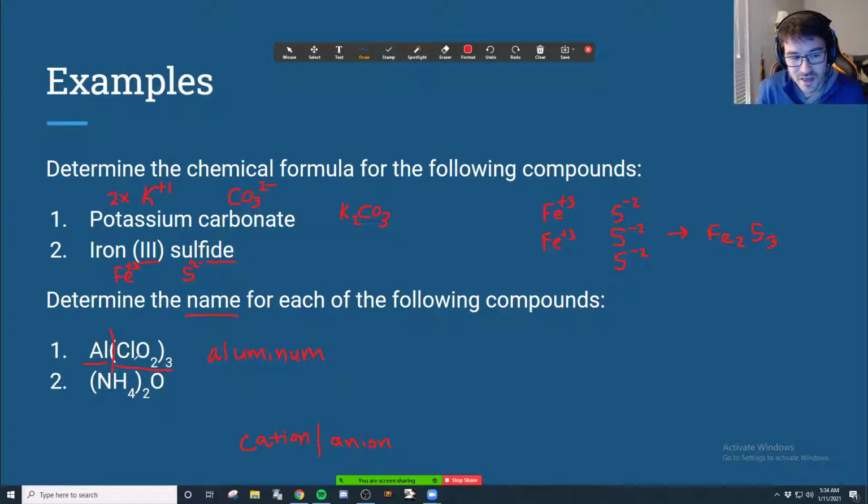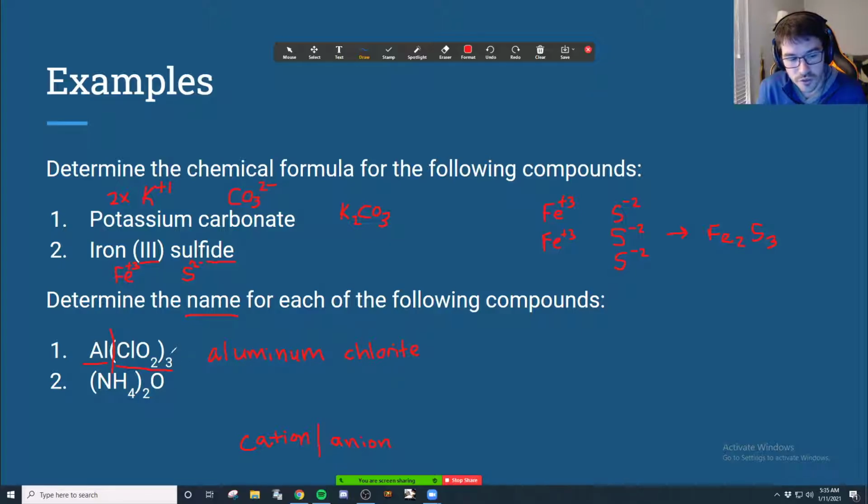I've got ClO2, and then I have 3 of them, right? There's that parenthesis action coming in. So ClO2. Well, if you consult the chart of polyatomic ions, ClO2 is the chlorite ion. Okay? So this is aluminum chlorite, all right?